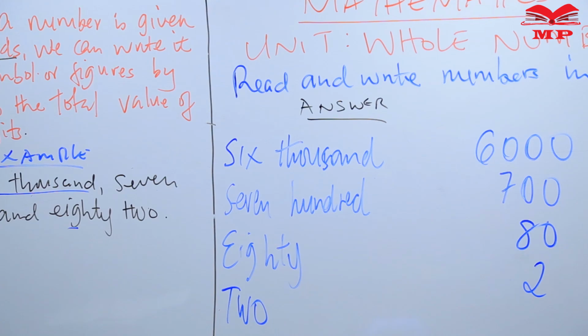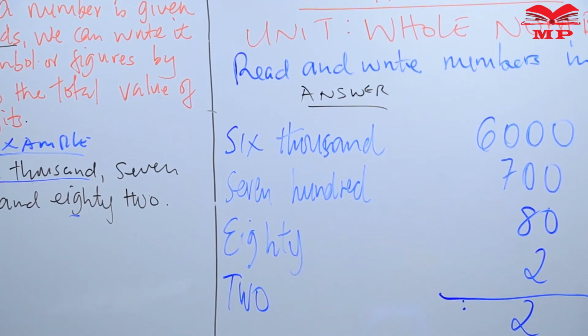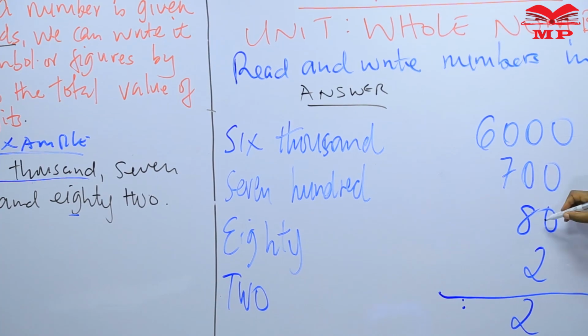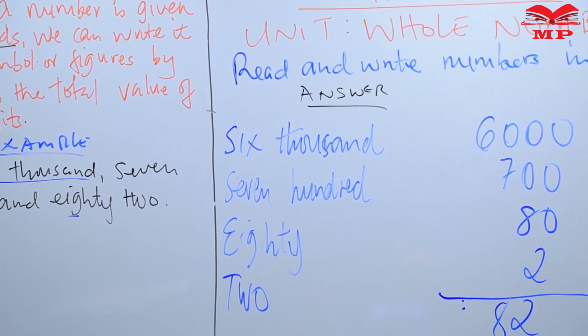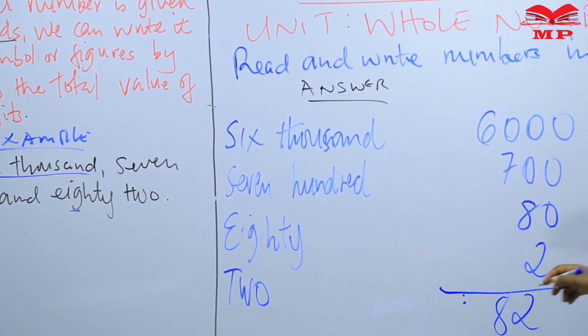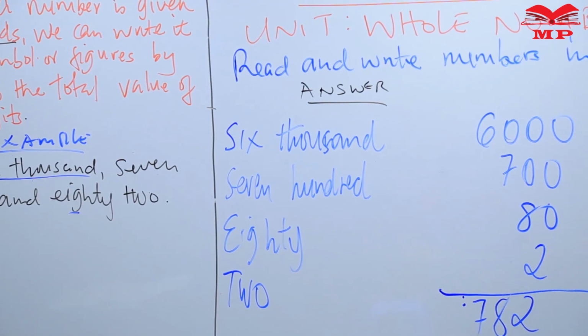So these are the total values of the digits. Then we add the total values. 0 plus 0 plus 0 plus 2 is equal to 2. 0 plus 8 is equal to 8. 0 plus 7 is equal to 7.